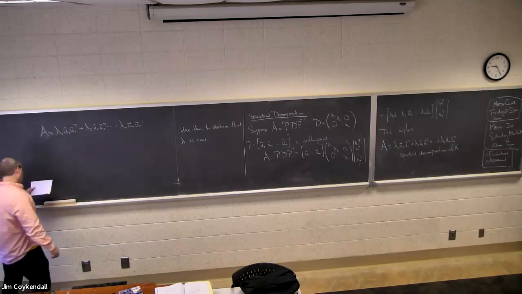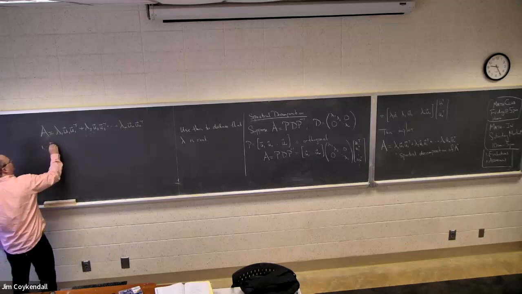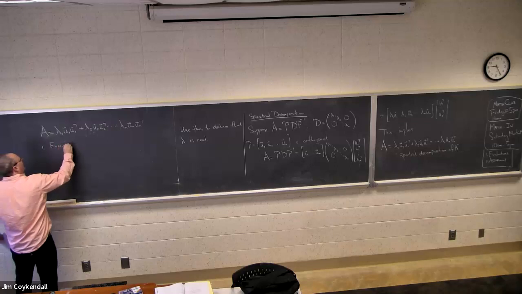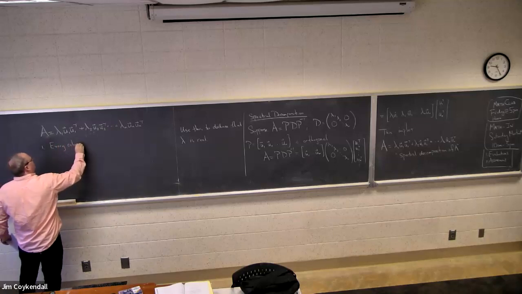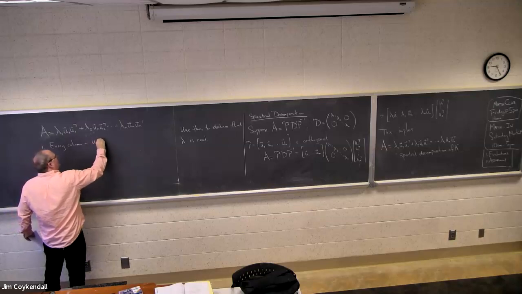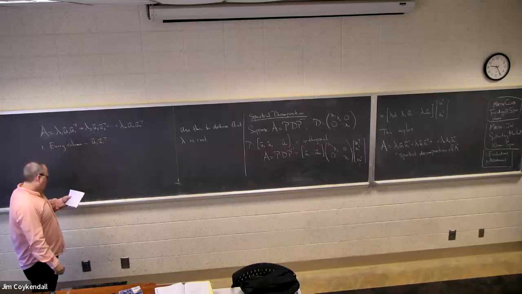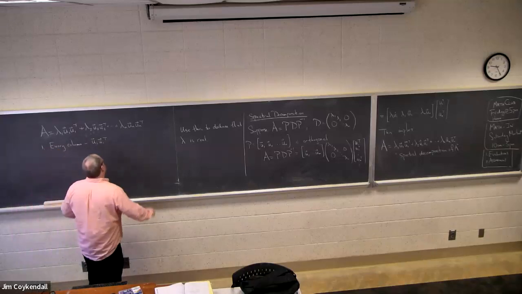So let me make some notes. One, every column in the matrix UI UI transpose is a multiple of the column UI.